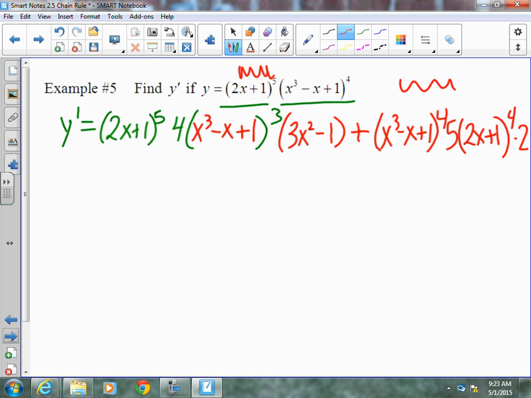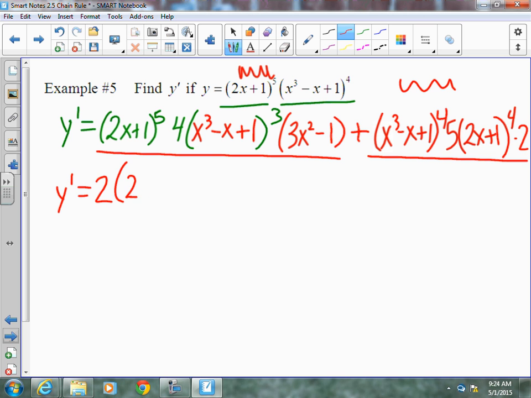From here, it is best to think about this as pulling out your GCF. So if we look at these two terms, we can take out a 2. We can take out a 2x plus 1 to the fourth because we have 5 in the first term and 4 in the second term. And we can take out an x cubed minus x plus 1 to the third power because we have 3 in the first term and 4 in the second term.